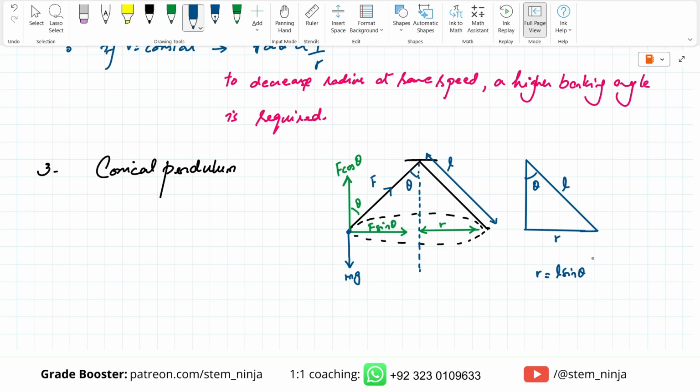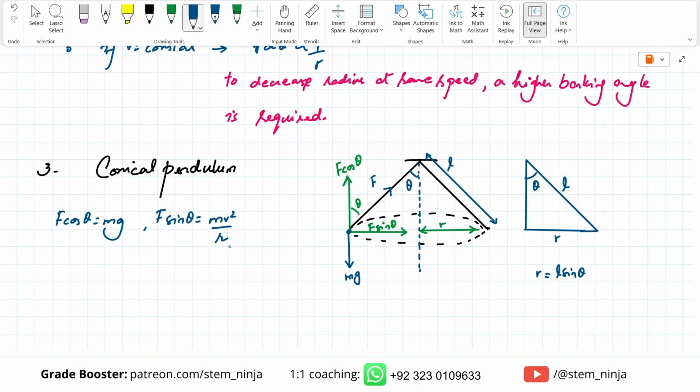This is information that we will use later on. Now, a component of this tension force is providing the necessary centripetal force. So F cos theta is equal to mg, and F sine theta is equal to mv squared over r.